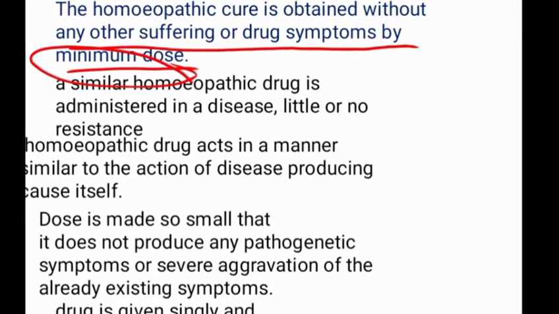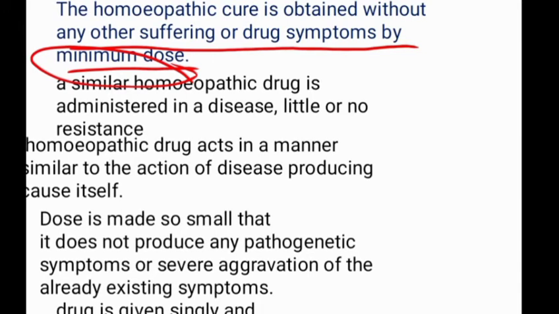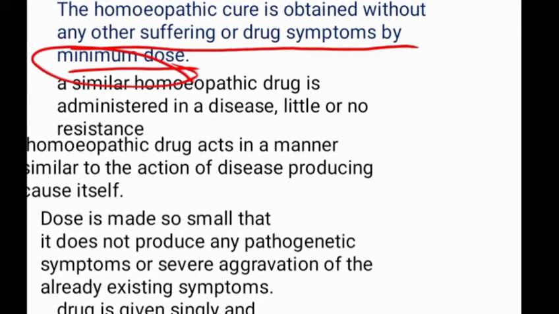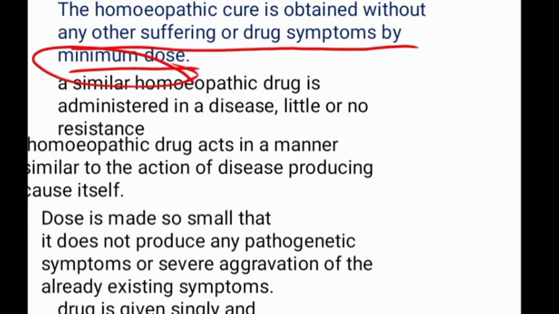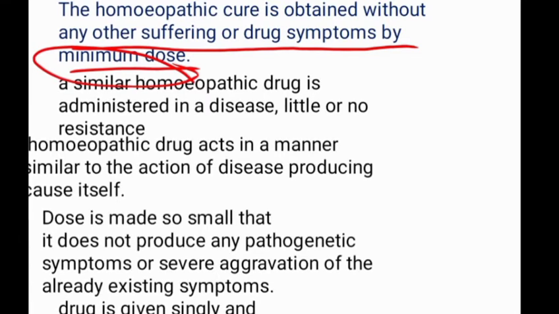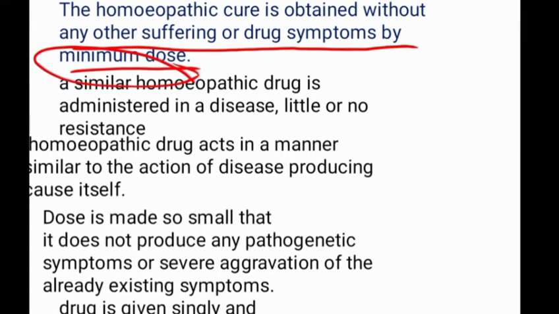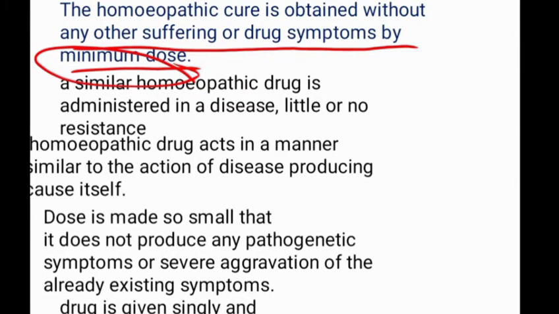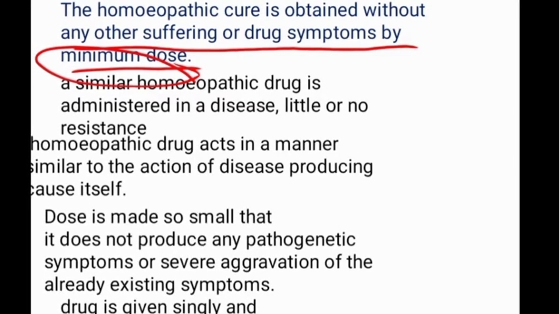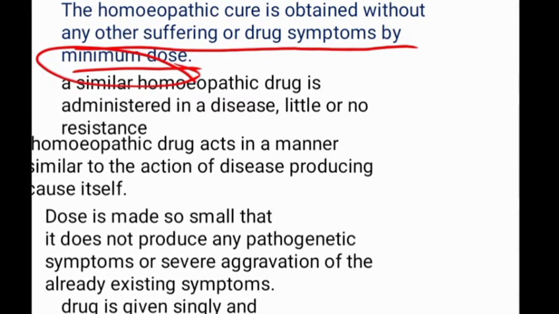What does minimum dose mean? Minimum dose means a low scale potency. What does low scale potency mean? Low scale potency means where the material part of the drug remains silent or attenuated by succussion and trituration, which we discussed before.